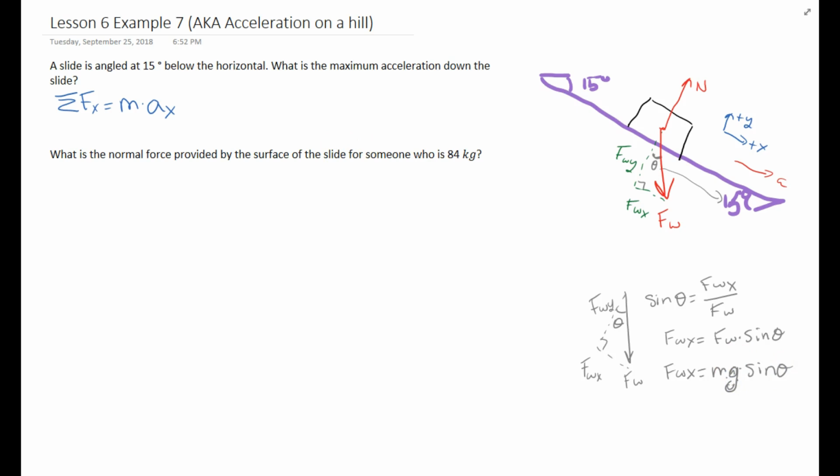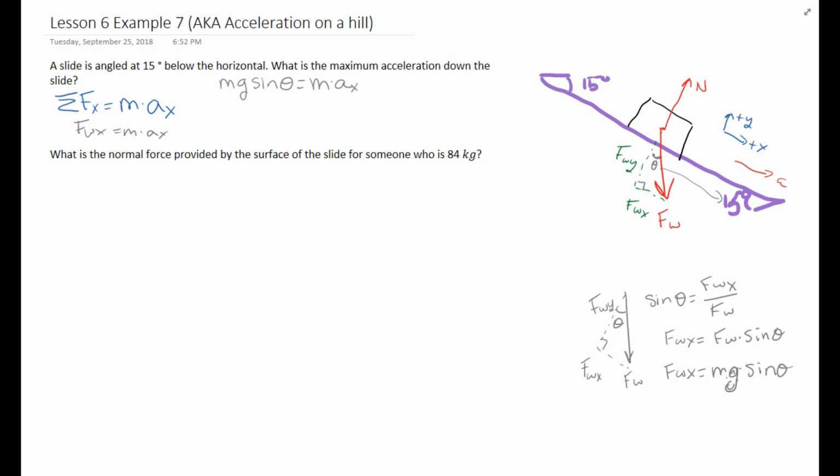Okay. So now that we have this, we know that the sum of our forces in the x direction is just the x component of our weight. So force of weight in the x direction is equal to the mass times the acceleration in the x direction. We found the force of weight in the x direction came from here. So mg sine theta is equal to the mass times the acceleration in the x direction.